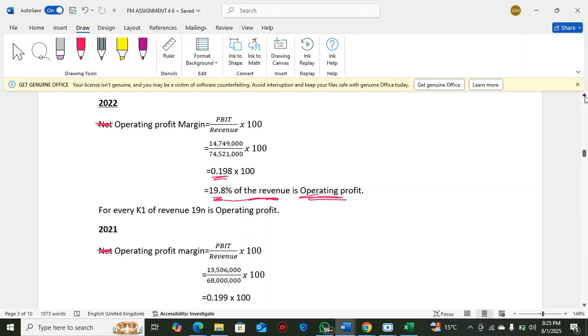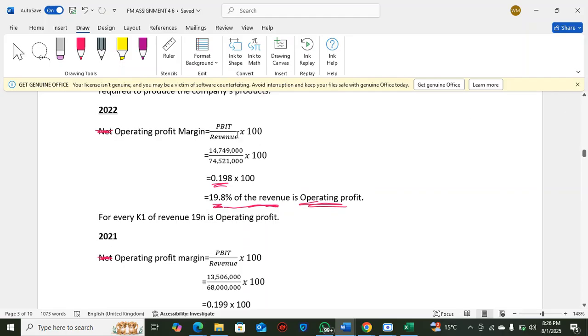Okay, we're still stagnant. One other thing I forgot to mention is that when you're doing this analysis, you can also look at the figures. You can see, okay, in 2022, we had an operating profit of 14 million. In 2021, we had an operating profit of 13,506,000. Right.